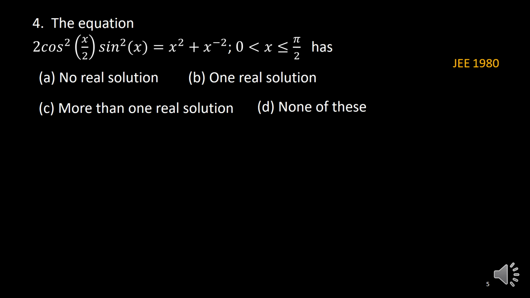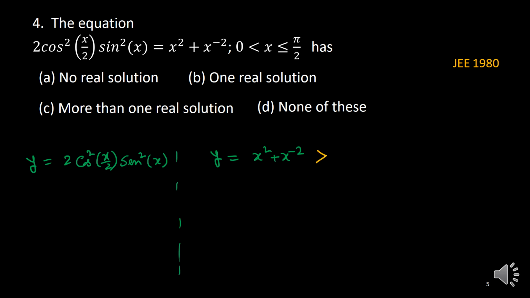Can you try? We will consider this side y equals 2 cos square x by 2 plus sin square x, and the right side is another one, x square plus x to the power minus 2. Now what is the range for the right side? That is important, so I will take it first.